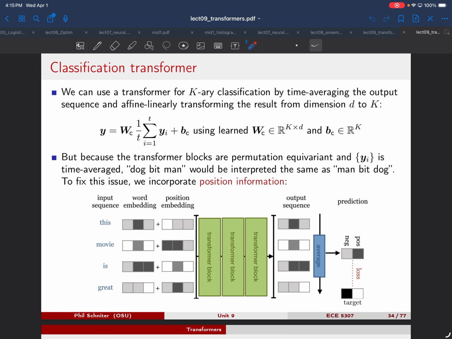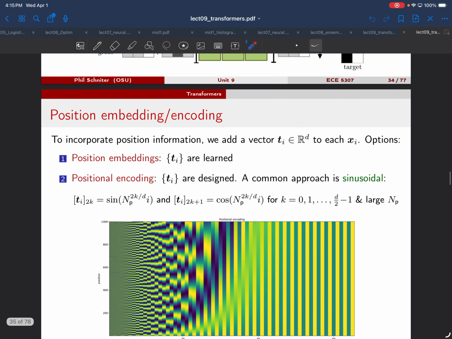And then if you're doing classification, what you can do is you can just average across the whole context, get down to a single vector that has the embedding dimension, and then put that through a linear layer, so weights and bias. So you get your output logits which you could use for classification. So that's one thing you can do.